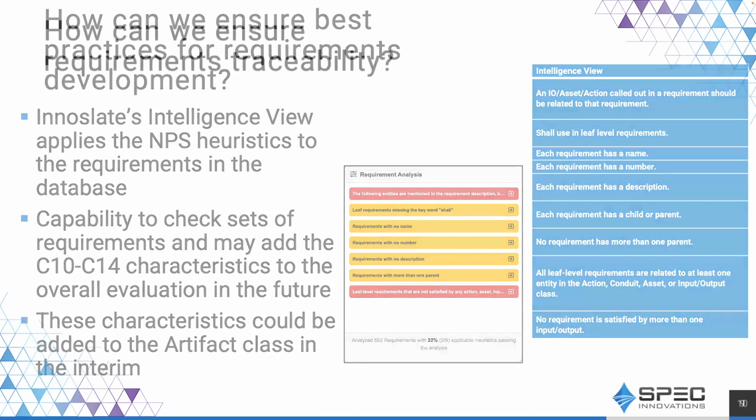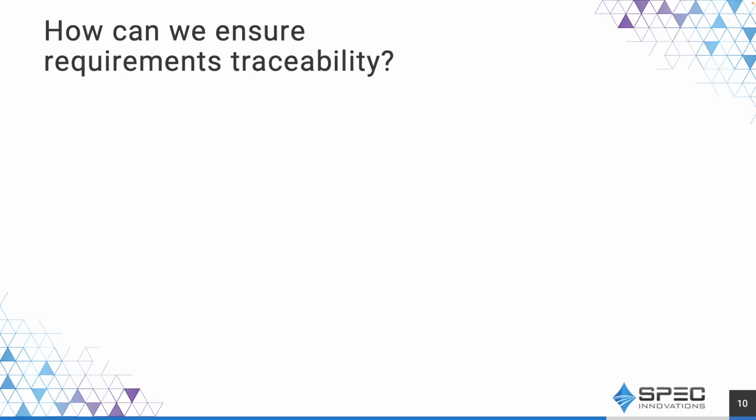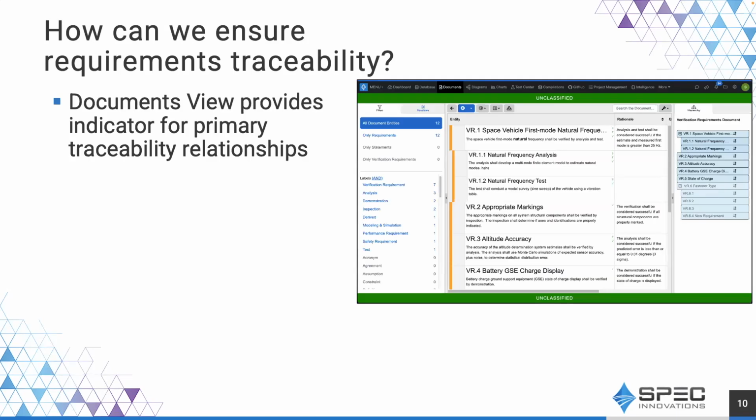So the next thing was traceability. How do we ensure requirements traceability? First of all, we have a documents view. This actually looks at it and will present it like a document or a table. In this case, you're seeing a portion of the table where the rationale field that's part of the requirement does show up here on the right. We have indicators that the primary traceability requirements have been met.